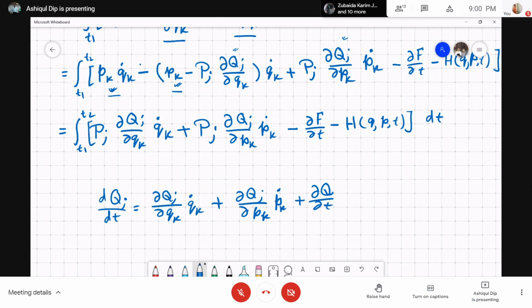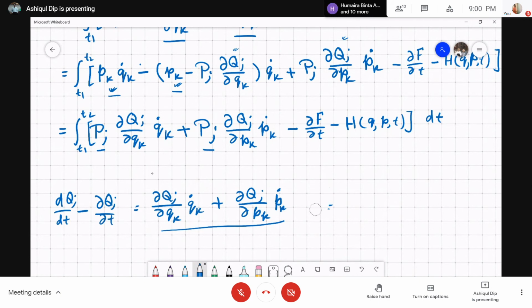So as you can see, if we factor out this P_j in two terms, this is basically that term, right? So we can write these two terms as basically dQ_j by dt minus del Q_j by del t.